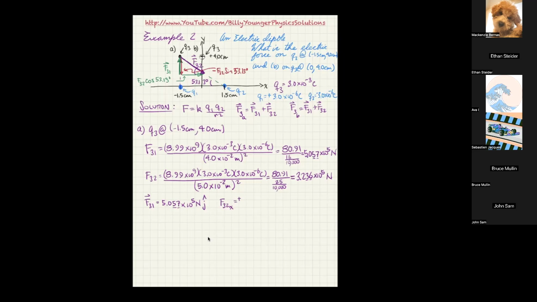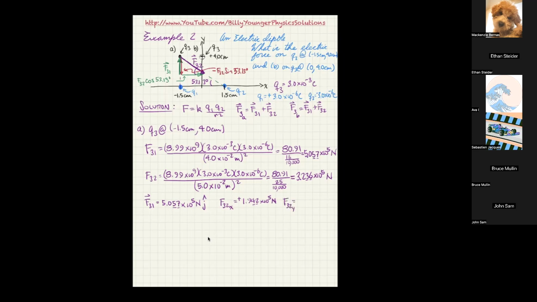And that's going to give me 1.942 times 10 to the 5th newtons positive is the x component.